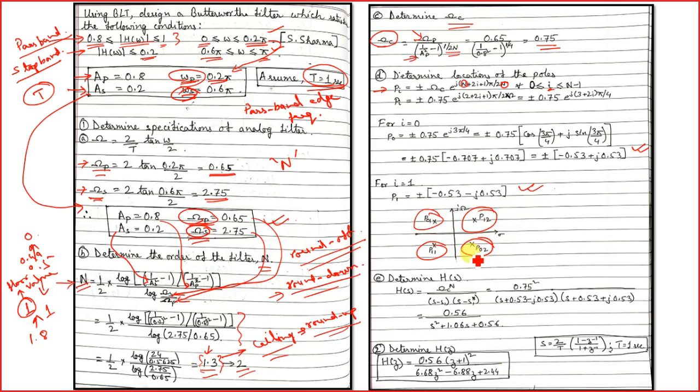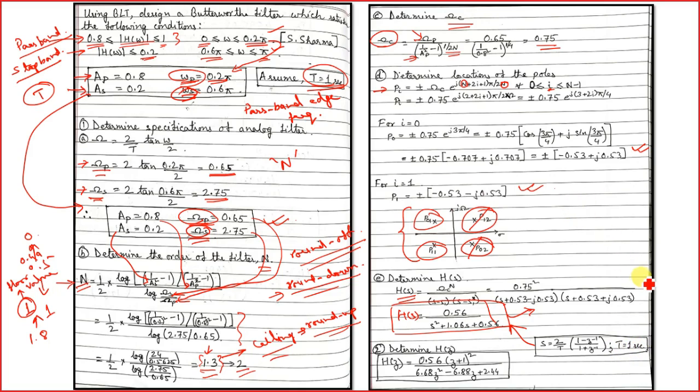We have discussed the pole values on the right hand side. We will cut those and only take the values on the left hand plane, and we will calculate H(s). After you have calculated H(s), you put in the bilinear transform method.